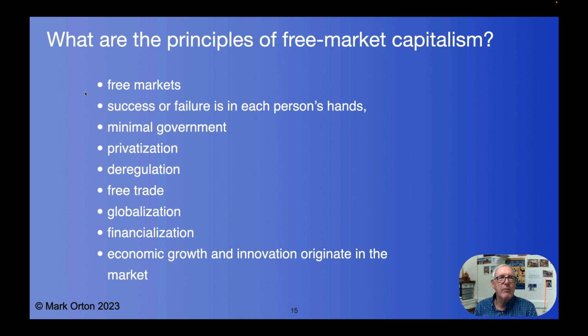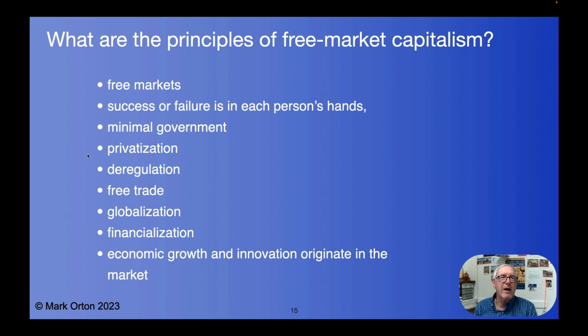So free markets, we've already talked about that. Success or failure is in each person's hands. This is really an ode to individual responsibility. Minimal government, so small government is the only government. Privatization of government affairs.